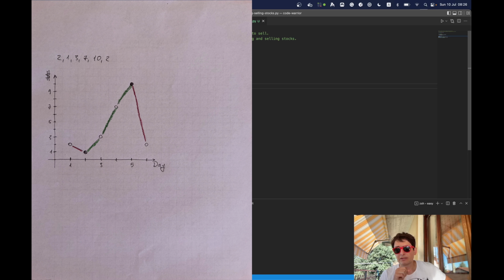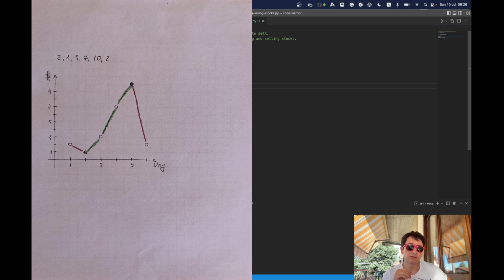The time complexity here is linear, O(n), because we need to iterate through the array of prices, and the space complexity is constant because we don't need to allocate any additional space.